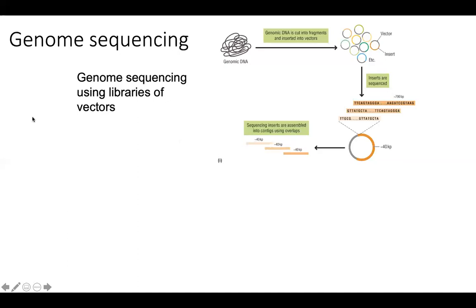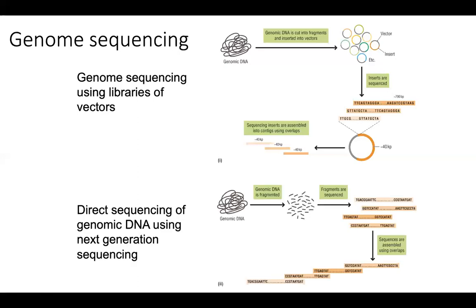This type of technique has been largely replaced by so-called next generation sequencing, which is the approach we will go into in a little more detail here. The basic principle is that we still start out with the genomic DNA, and it is still being fragmented, but we directly sequence those fragments without having to put them into libraries of vectors, these mini chromosomes derived from bacteria or viruses.